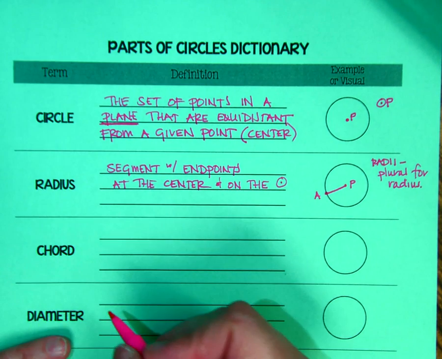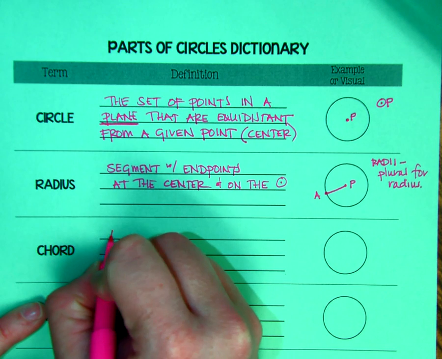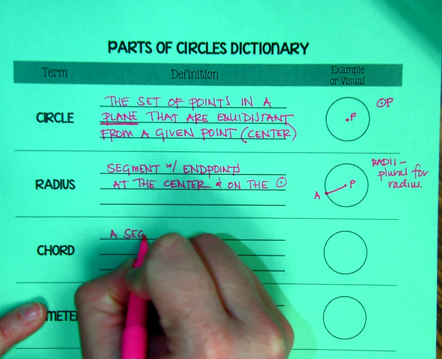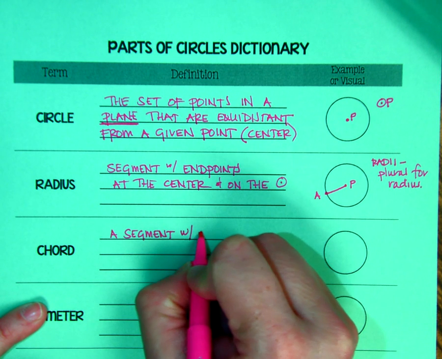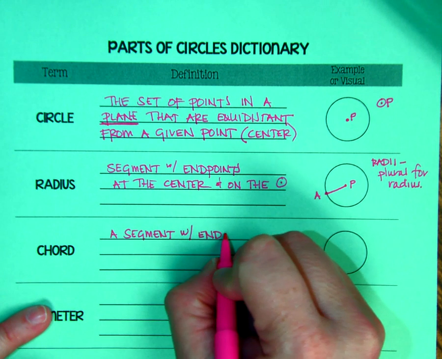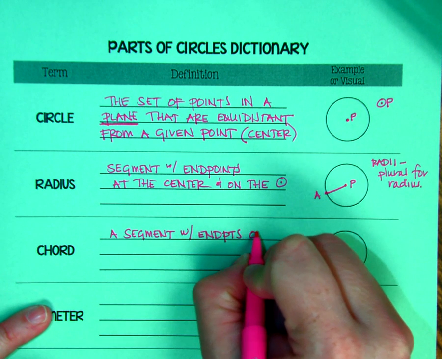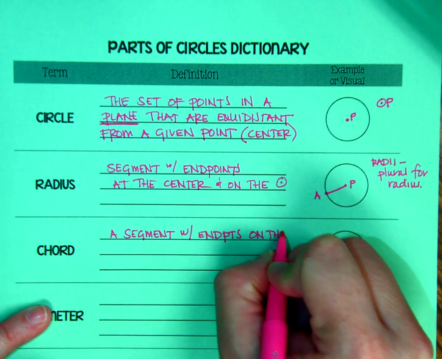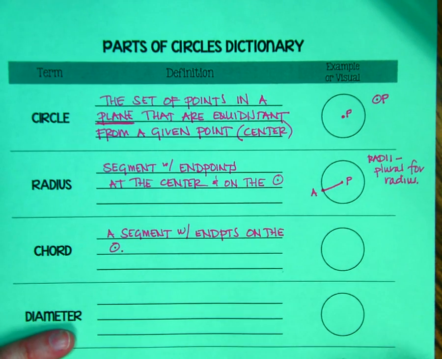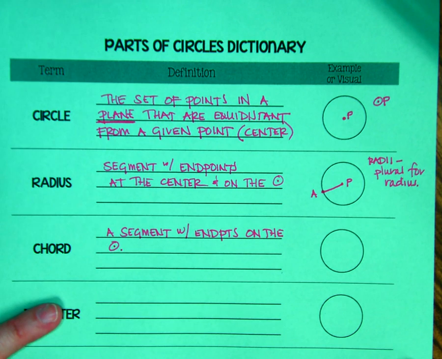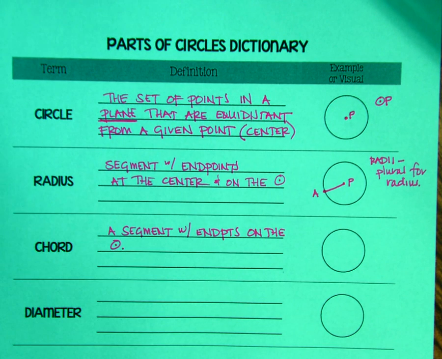Okay, a chord. It is a segment with endpoints on the circle. A segment with endpoints on the circle. I'm going to draw a couple different ones here.